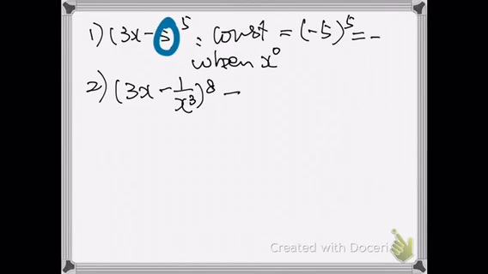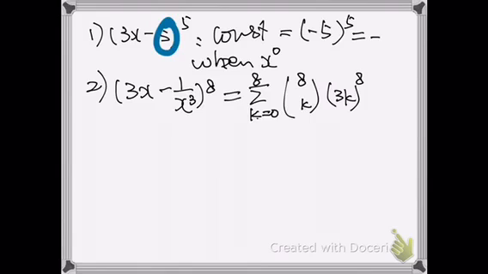If we write out the expansion, that should be the sum for k equal to 0 to 8 of 8Ck, and the first term is 3x, so we write it as (3x)^(8−k), and (1/x^3)^k.